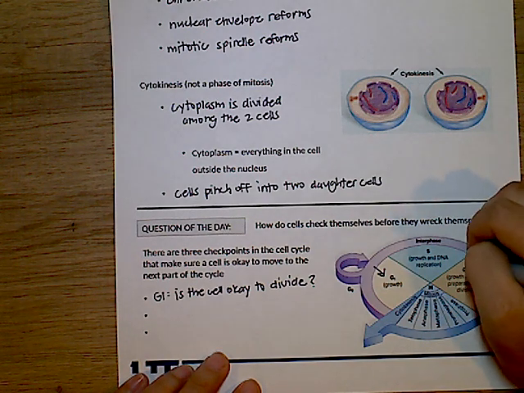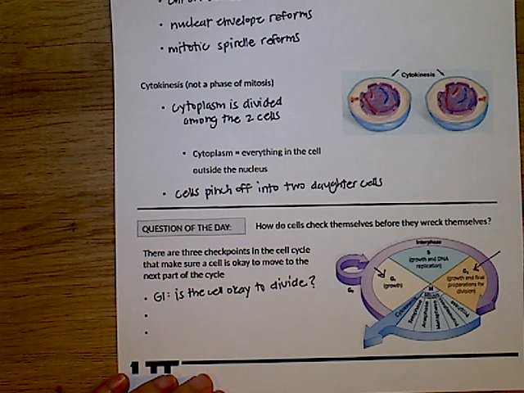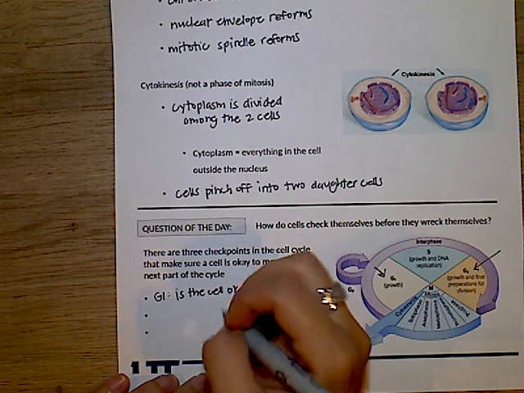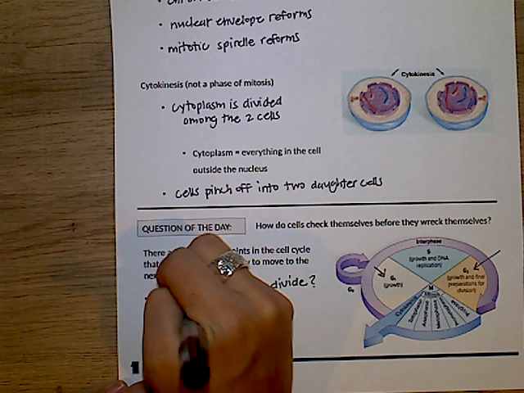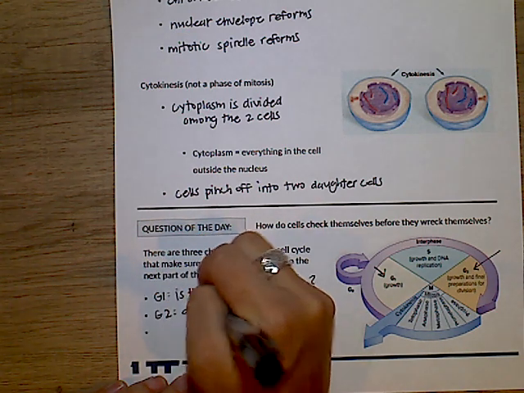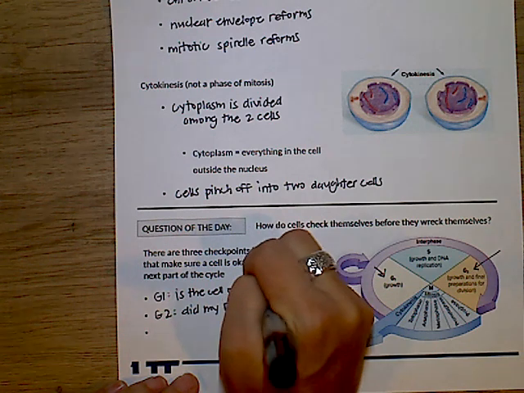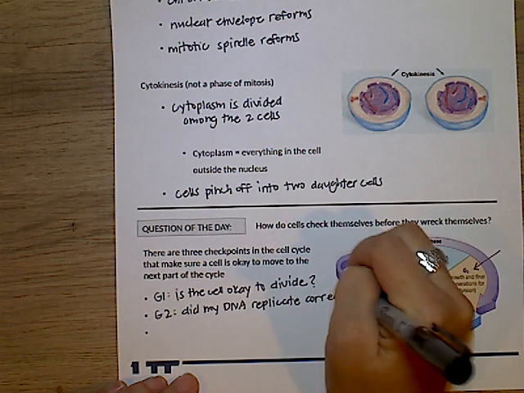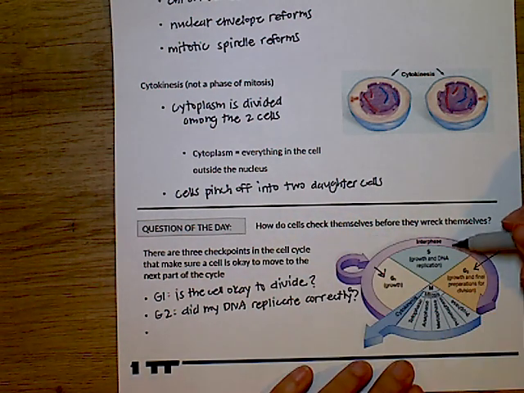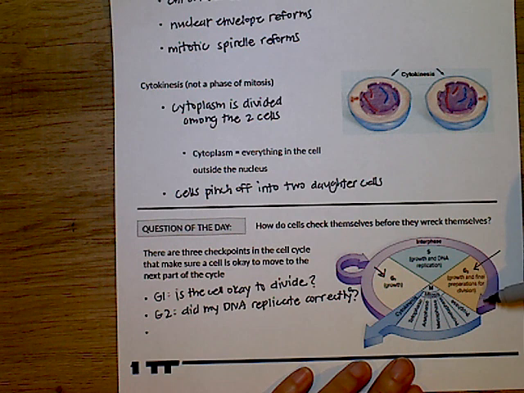Over here in G2, did my DNA replicate correctly? We don't want a bunch of mutations, so the DNA replicated here, and as it's preparing for mitosis, we got to make sure, did that DNA replicate correctly?